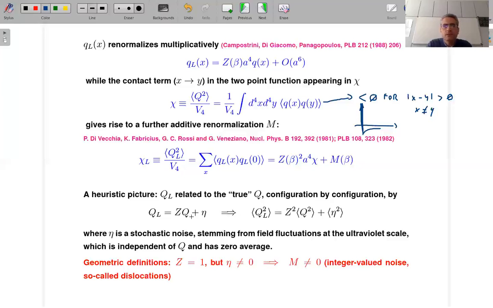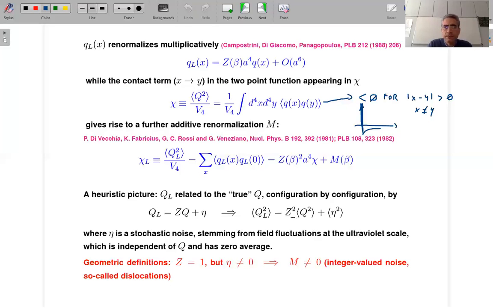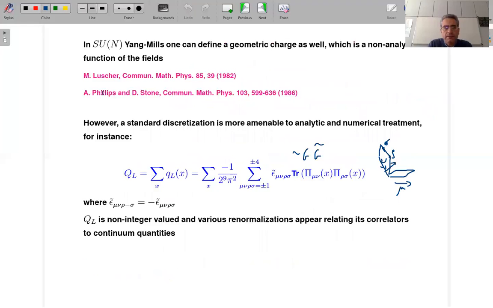Okay, so this is the picture that you have. I mean, when you measure the topological susceptibility by a standard gluonic definition like, for instance, this one, you expect to have both multiplicative and additive renormalization that you have to take care of. Okay. Now, if you adopt a geometric definition, like the one defined in the papers from Lüscher or from Phillips and Stone, we have some improvement.